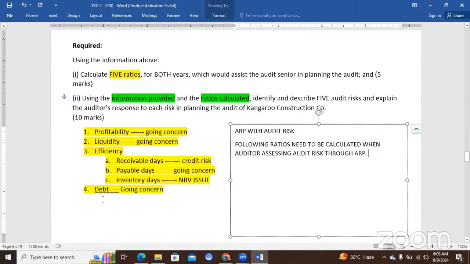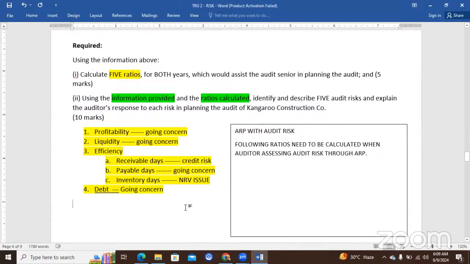Under that, copy this. Mark it as very, very important. Copy this.